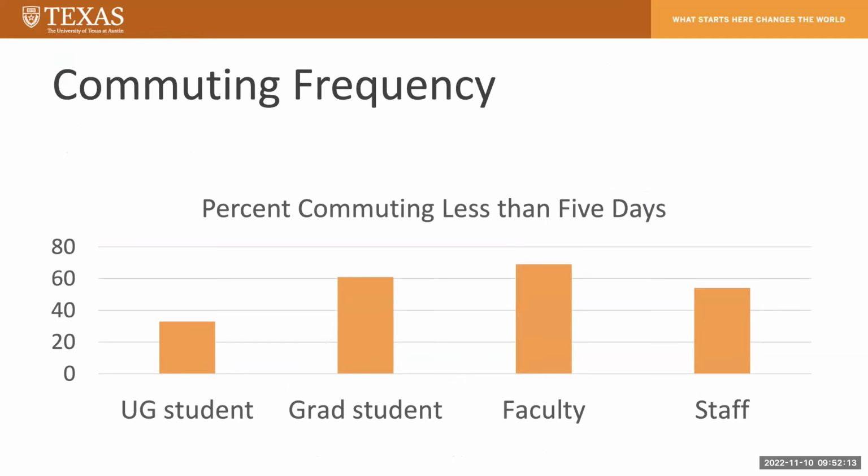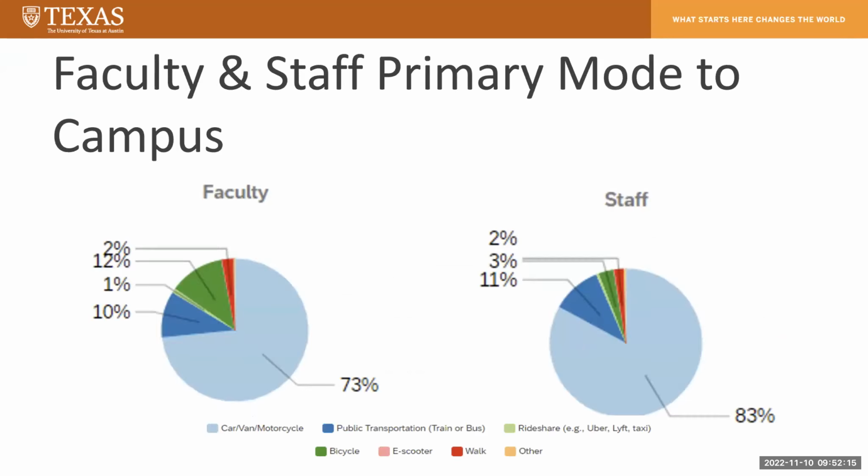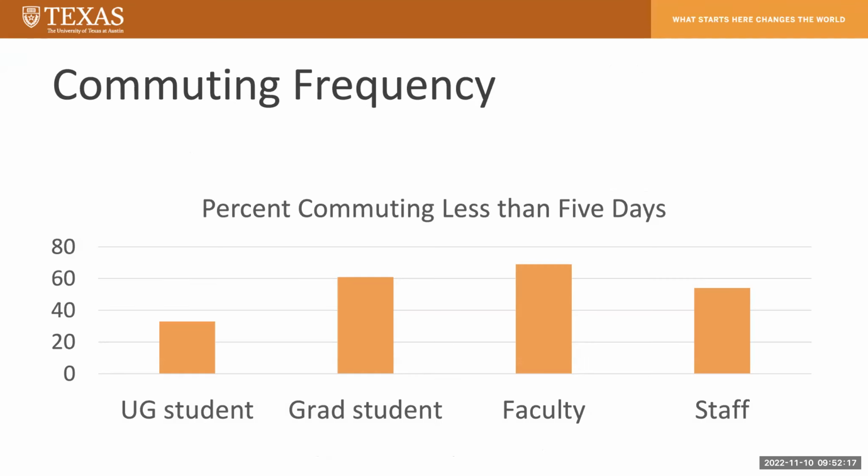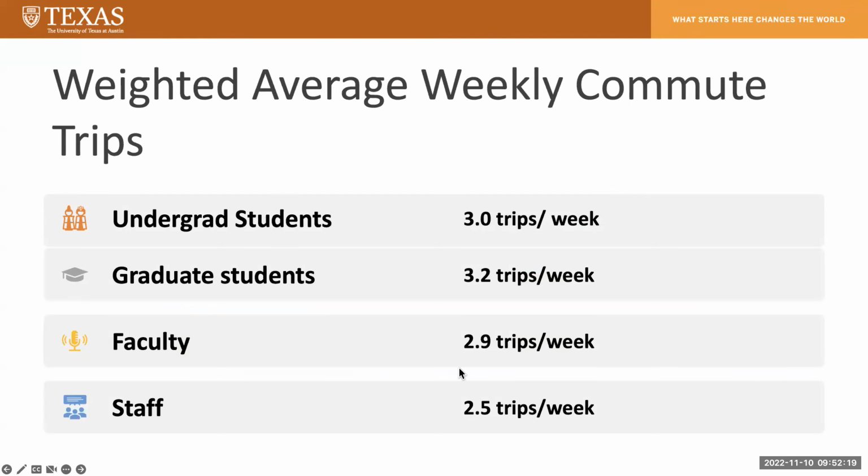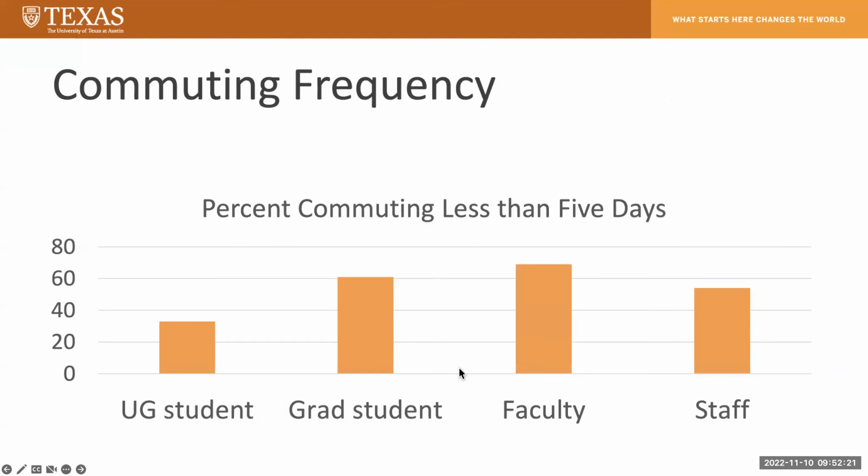And it turns out that undergraduate students commute less than 5 days about 30%, graduate students about 60%, faculty about 65 to 70%, and staff about 50% of the staff commute to campus less than 5 days.